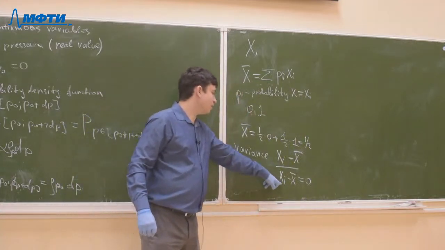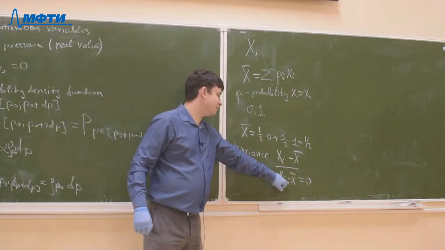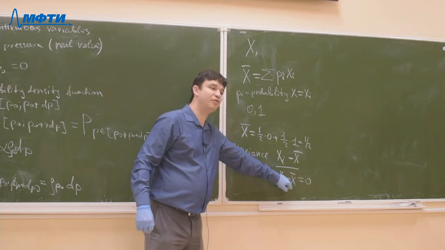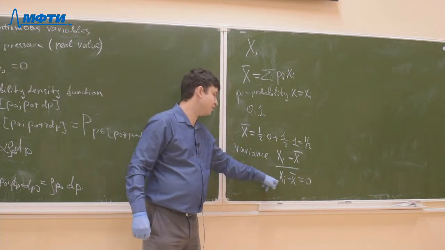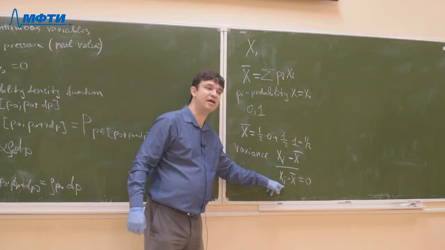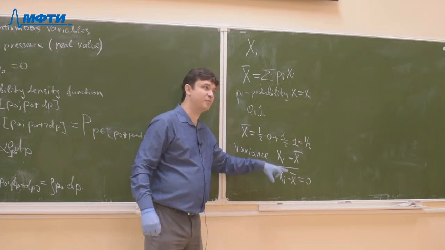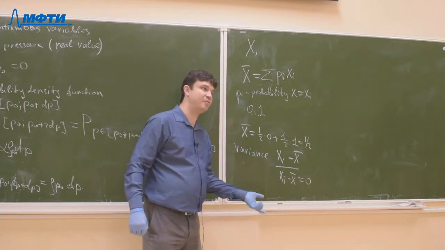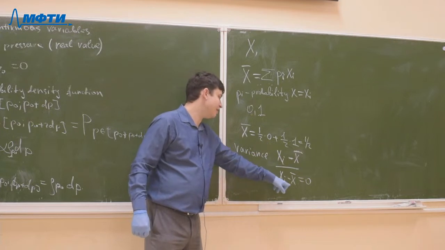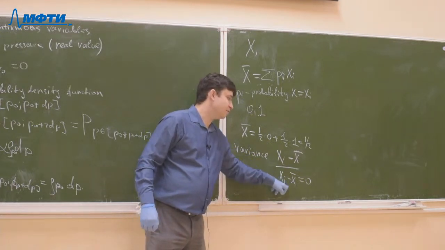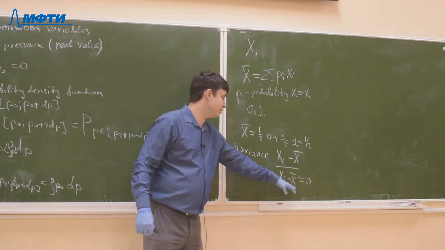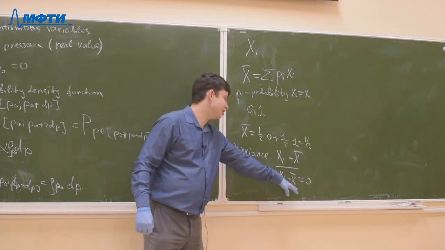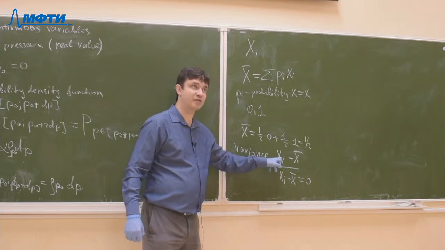Because your quantity can be either greater than the average value or lower than the average value. So this difference can be positive and negative. And altogether, positive values are compensated by negative values, and on average, this is 0. So this average deviation cannot describe the dispersion of xi values.